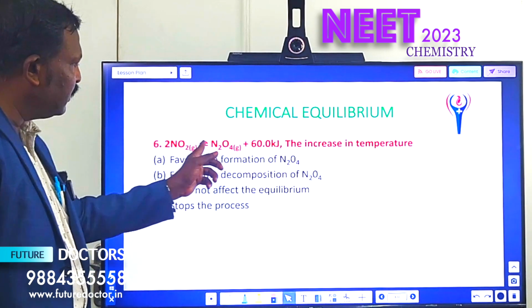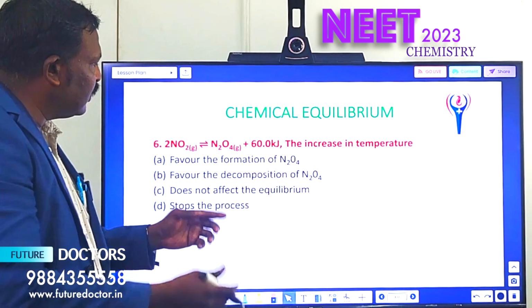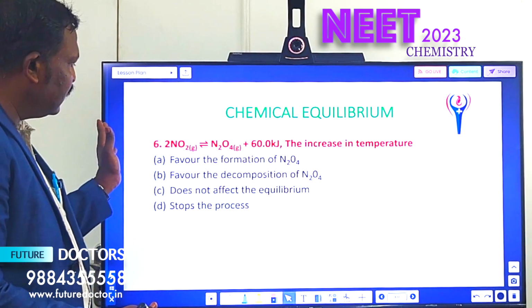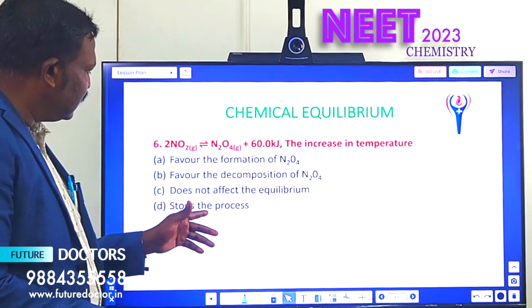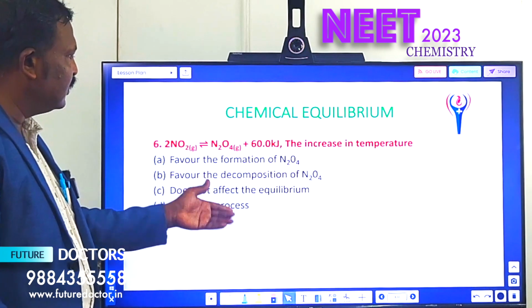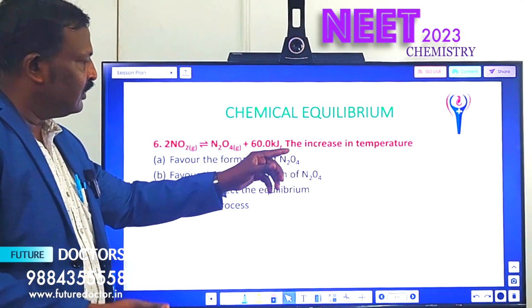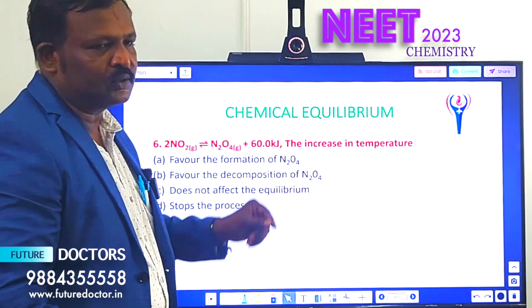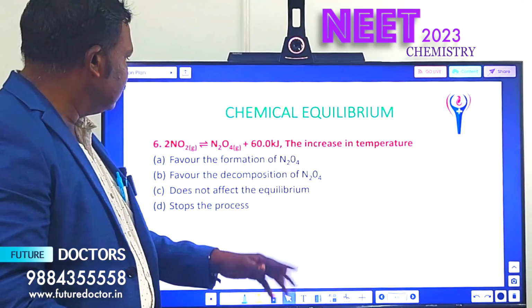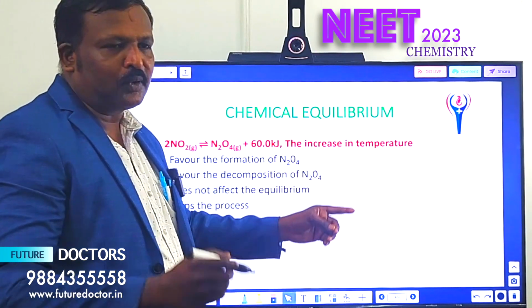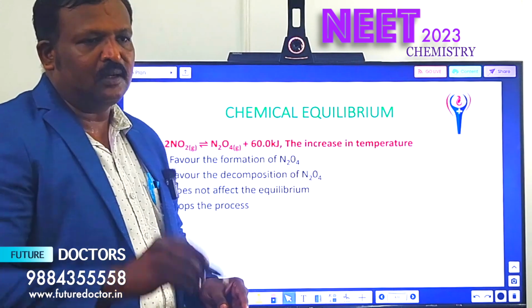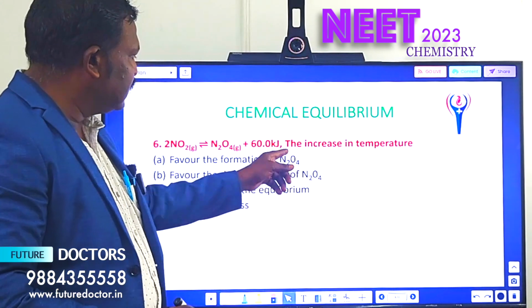So in this equilibrium reaction, they are asking what happens if you increase the temperature. If you follow Le Chatelier's principle, you can answer this question. Understood? Are you following? The temperature term and pressure term are very, very important in Le Chatelier's principle. If you know these two terms, you can easily solve this sum.